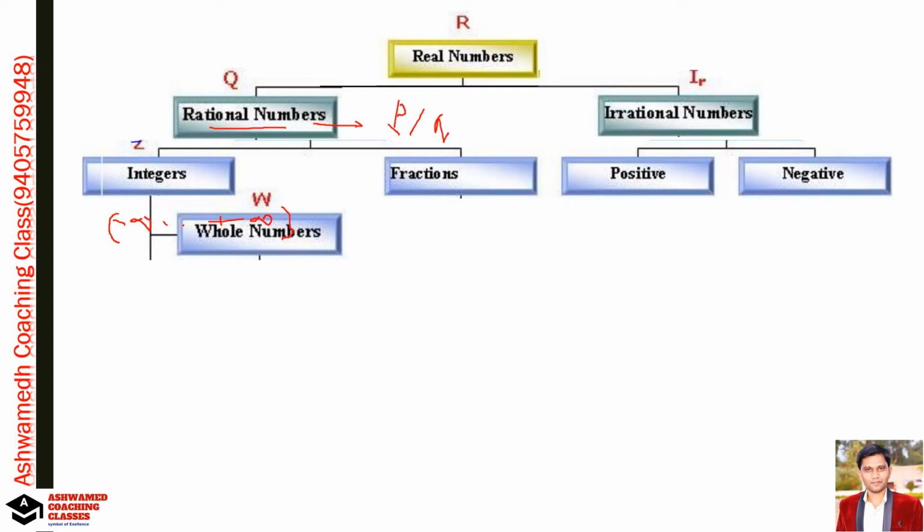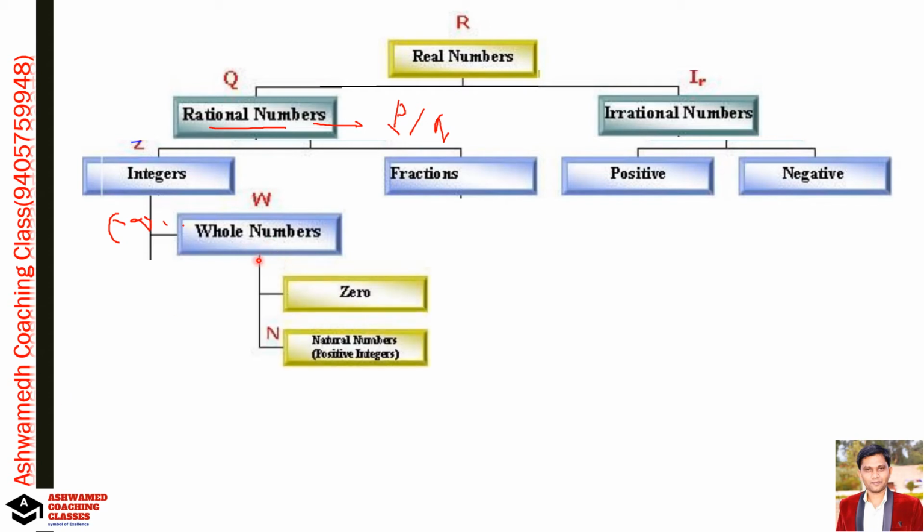In the set of integers we get the whole numbers: 0, 1, 2, 3, 4, 5 and so on up to infinity. In the whole number set there are natural numbers. Whole numbers are the combination of 0 and natural numbers.